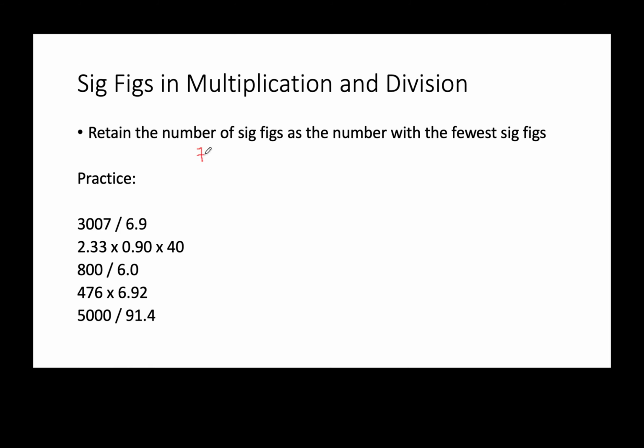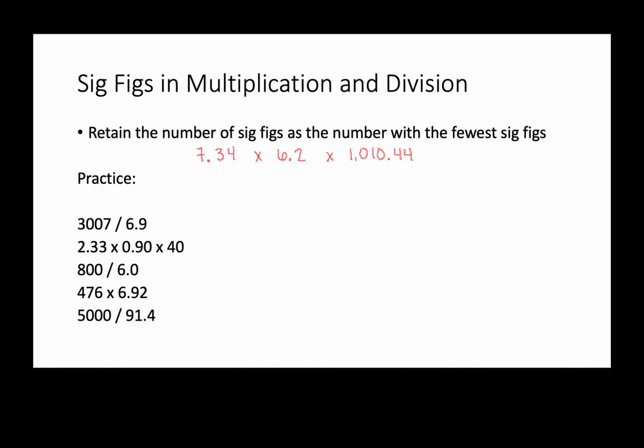We have 7.34 times 6.2 times 10.44. So let's pause for a moment and ask ourselves how many significant digits are in each of these values.